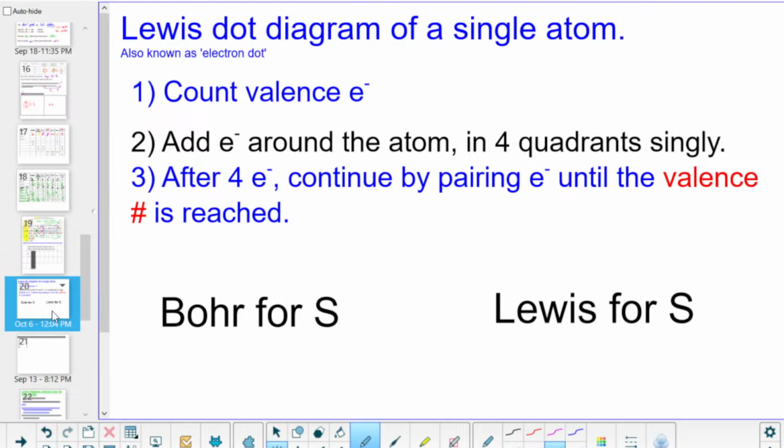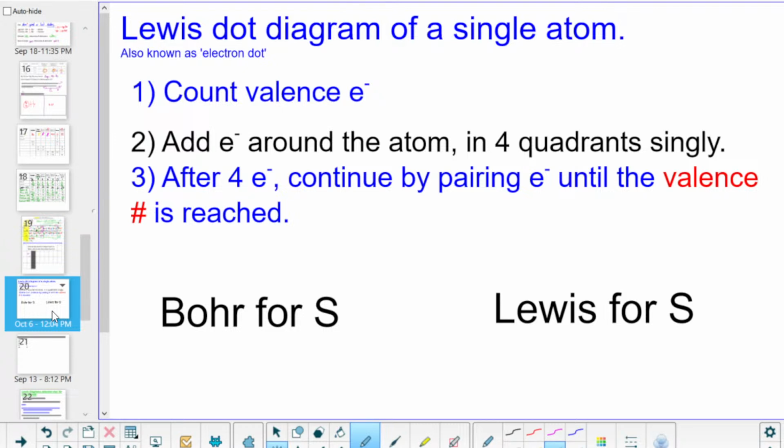In this row, how many over is boron? How many valence electrons does it have? 1, 2, 3 over. Okay, so you have to count all the way from here.